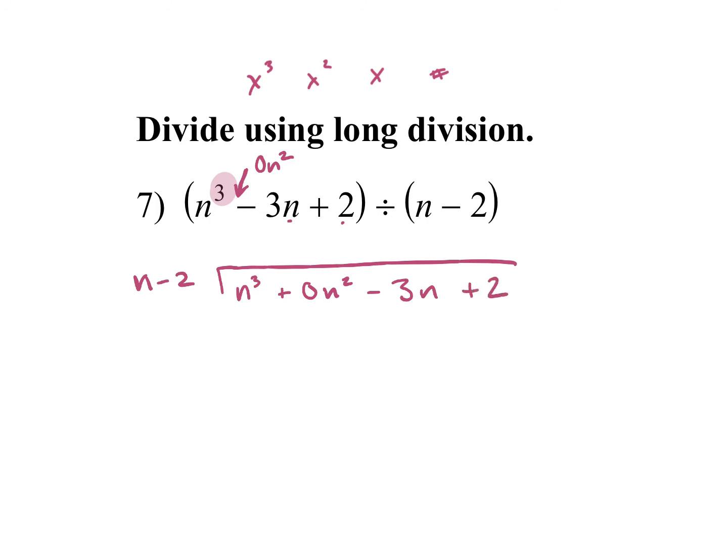Now we divide. What's n cubed divided by n? n squared. So n squared. What do we do once we put a number on top? We've got to multiply it to everything out front. So we have n squared times n, which is n cubed. And then n squared times negative 2 is what?